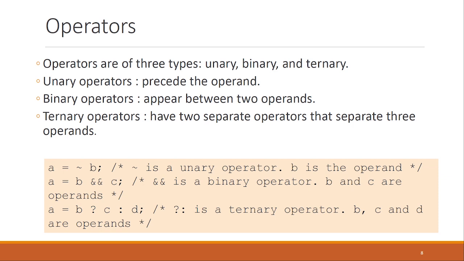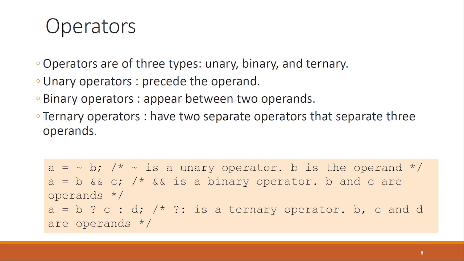And ternary operators are also available in Verilog. They have two separate operators that separate three operands. Most commonly you will be using the unary and binary operators. You are allowed to use ternary operators as well. You will understand what they mean better with the examples given in the slide.